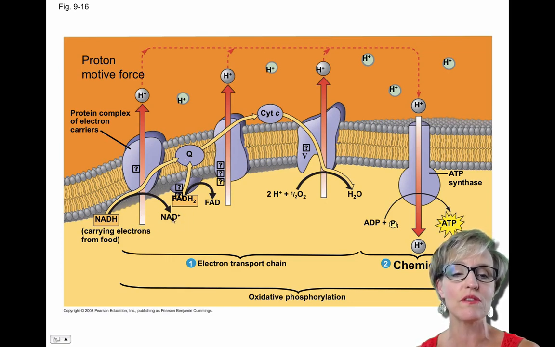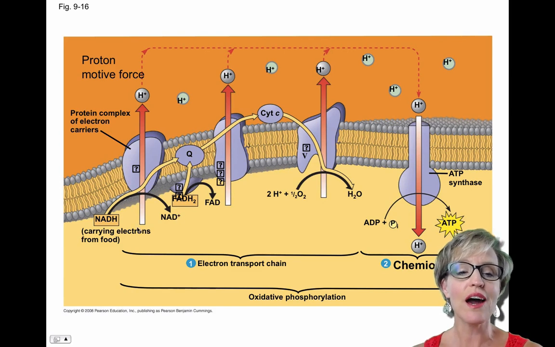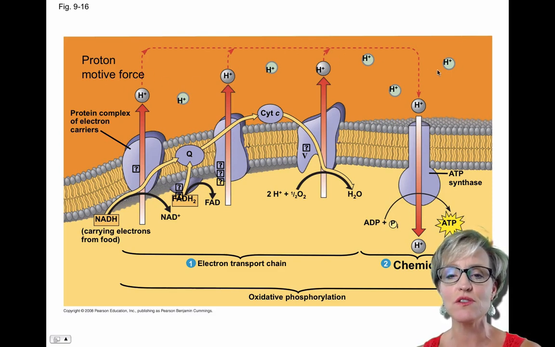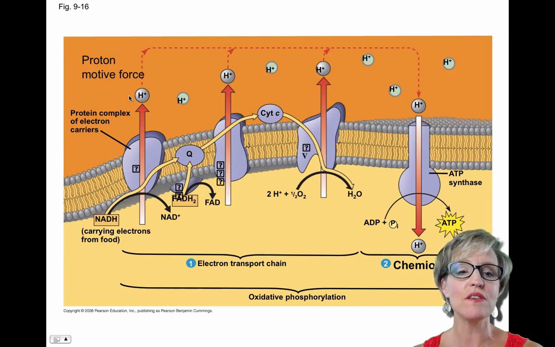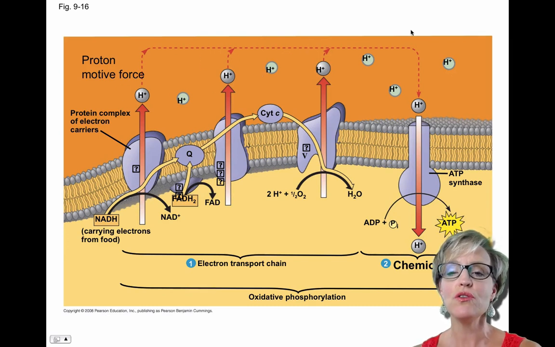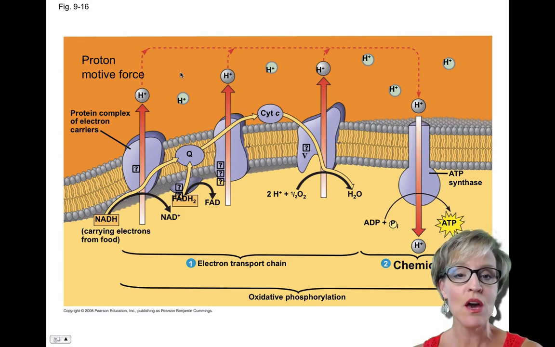So notice this has lost its hydrogen. The hydrogens are pulled through these protein complexes, and it will create a very high concentration gradient of these hydrogen ions. Well, you notice that a hydrogen ion is creating acidity, but it's also a proton, so we're going to call it a proton motive force.